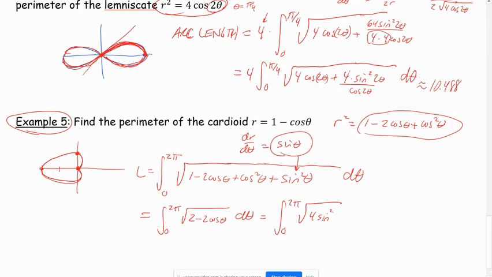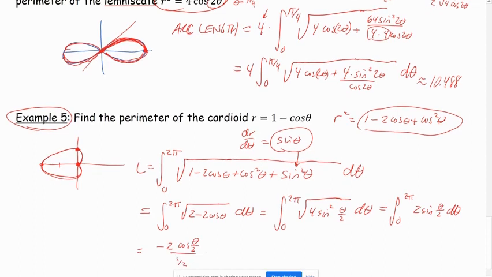4 sine squared of theta over 2 using a double angle identity, and then we end up with the integral from 0 to 2 pi of 2 sine theta over 2 d theta, and that is negative 2 cosine theta over 2 divided by 1/2.